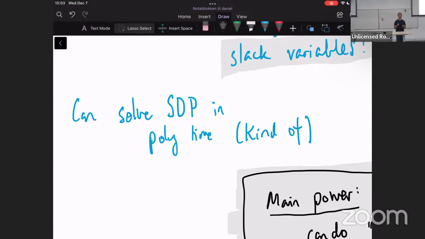I don't remember if it's poly 1 over epsilon or poly log 1 over epsilon, but it's so good that most of the time you don't actually care that it's an approximation and not an exact solution. And if the SDP has integers in it, then once you get it to the correct precision, you can just round it to the nearest integer and show that that will give you the correct value. So for all practical purposes, we can solve SDPs in polynomial time.